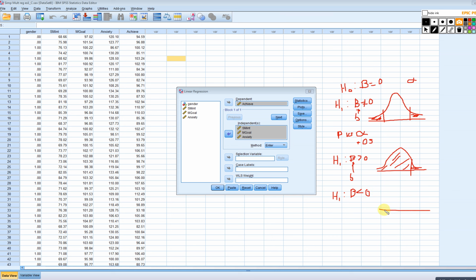In this case, using our t-distribution, we would place our region of rejection in the lower tail, and so if what we observe in our data takes us into the lower tail, then we would reject the null hypothesis. If what we observe in our data takes us out into this region up here, then we would end up maintaining the null.